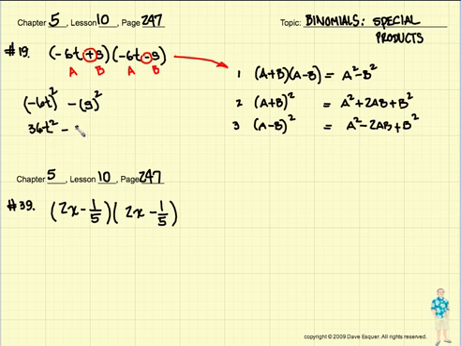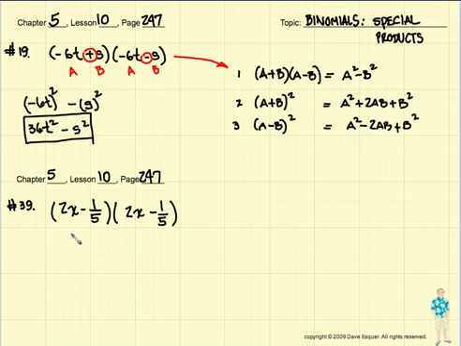Put that minus sign and then square s squared, which is just s squared. So our answer turns out to be, using our special products, 36t squared minus s squared. Remember, all you do is look for the a, look for the b, see which of these three rules you're going to use. Let's try number 39.